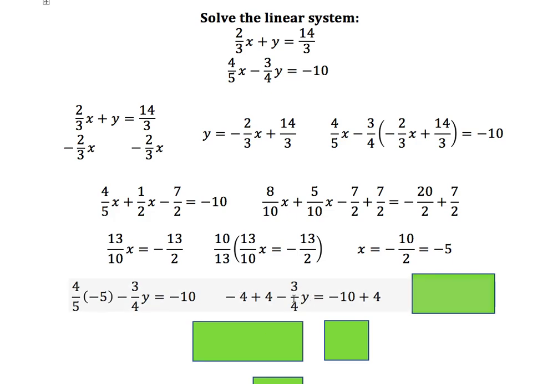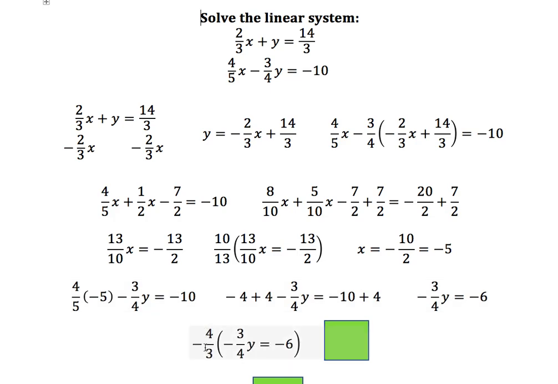Now, we want to get y by itself, so we're going to add 4 to both sides of the equation. And when I do that, I get negative 3/4 y is equal to negative 6. To get rid of this negative 3/4, I have to multiply by the reciprocal. So I want to get rid of the negative and the 3/4, so the reciprocal would be negative 4/3.